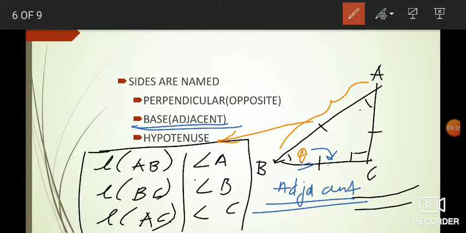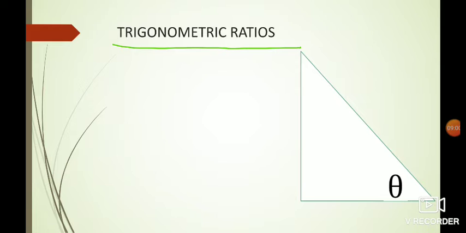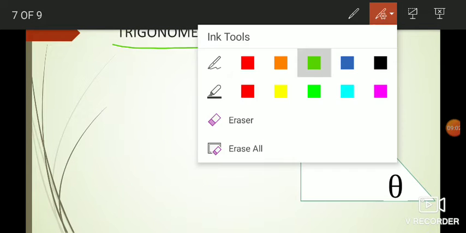Now side opposite to the theta is called opposite side or perpendicular. It is called perpendicular or opposite side. I don't think it is very difficult to learn them or to understand them.